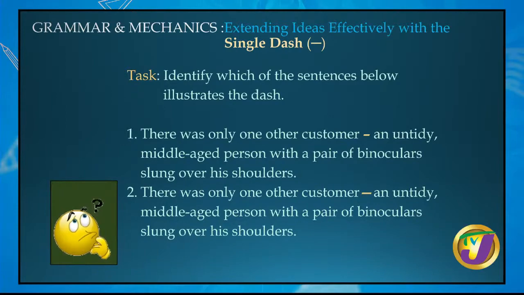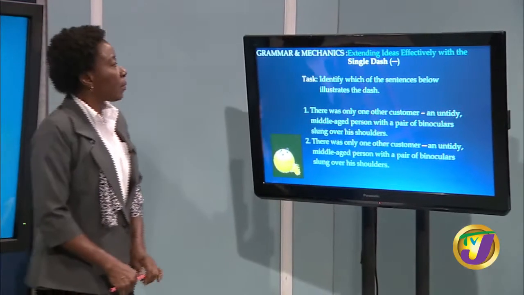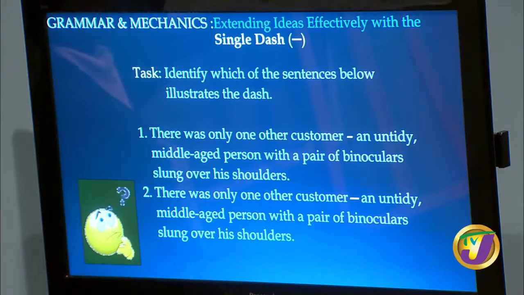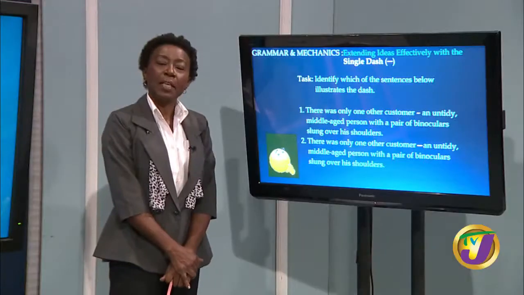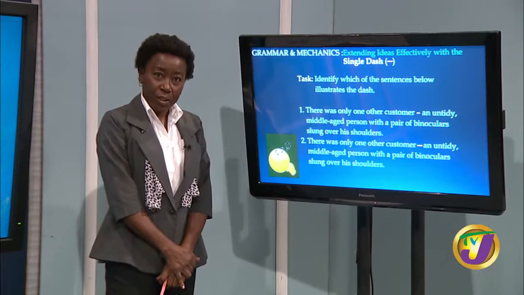And we see the highlighting of the marks. One is here and the other is here. In terms of the single dash, which sentence is correct in the usage?